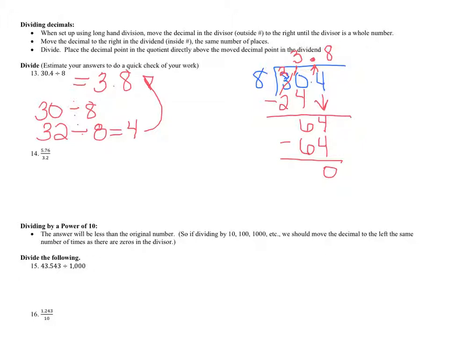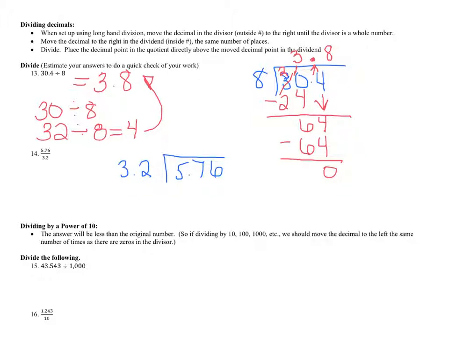Okay, so for another example, now I have 5 and 76 hundredths divided by 3 and 2/10. So I'm going to put the 5 and 76 hundredths inside my divider. Say I'm dividing it by 3 and 2/10.